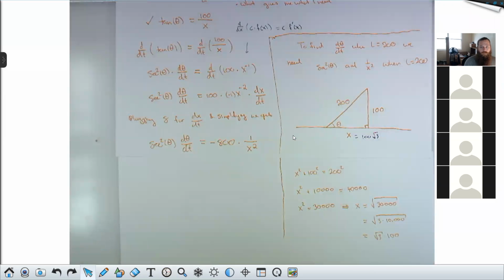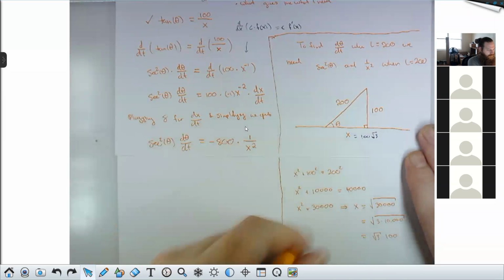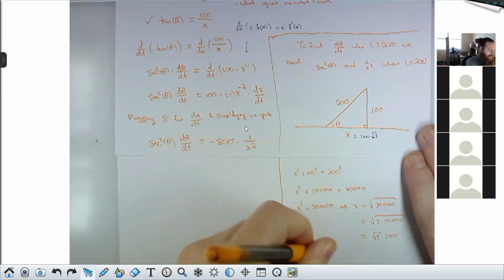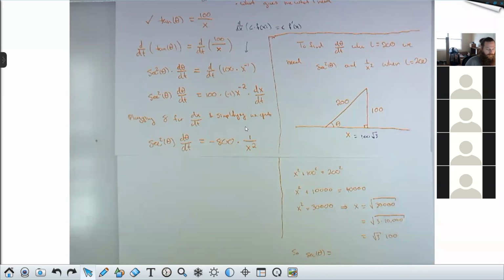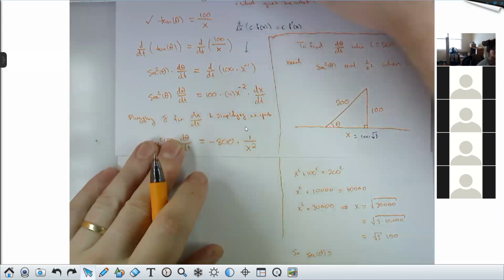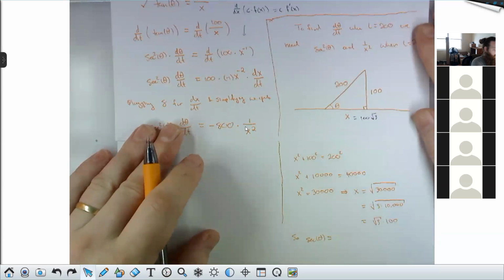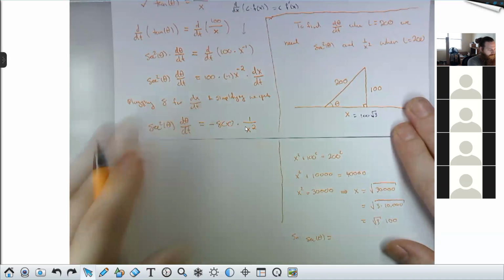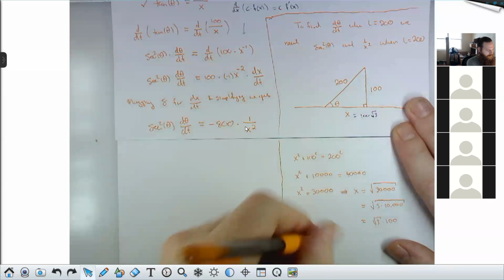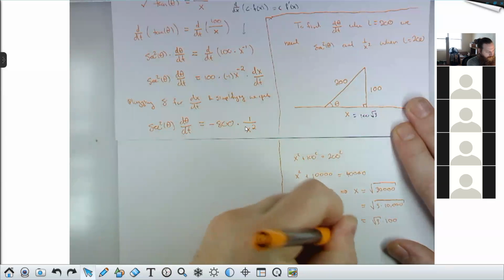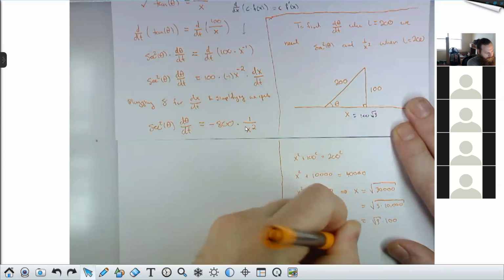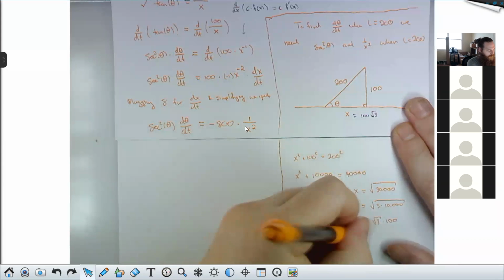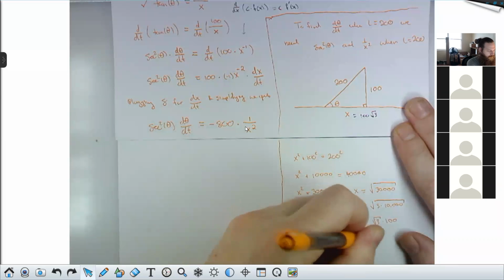And now I can figure out what secant of theta is. So secant of theta, cosine is the adjacent over the hypotenuse, so this is the hypotenuse over adjacent. This is going to be 200 over 100 square roots of 3, or just 2 over root 3.